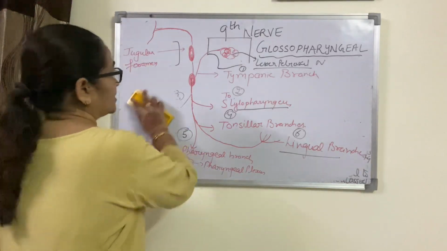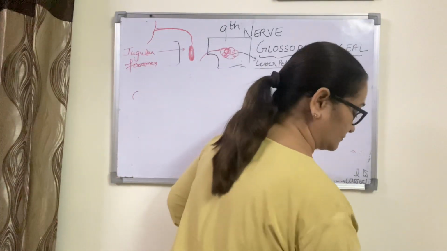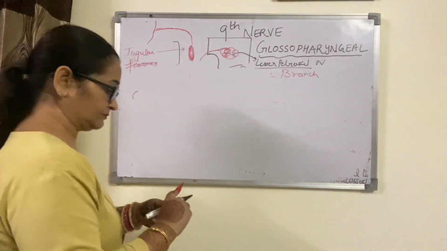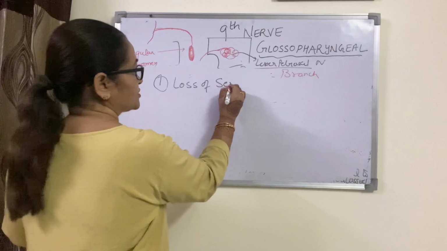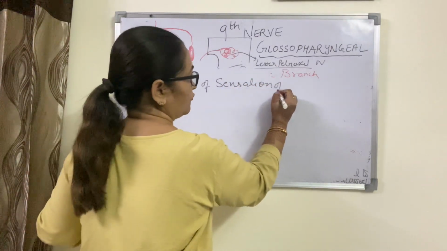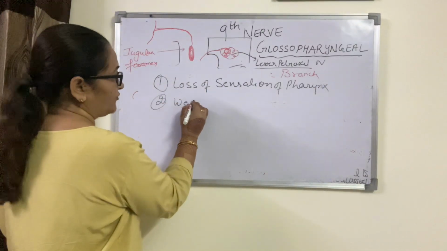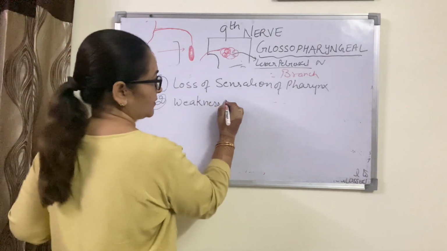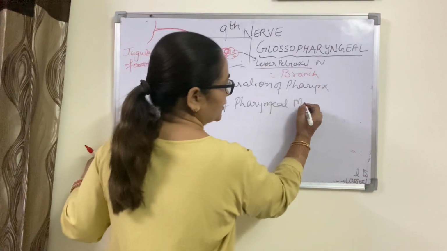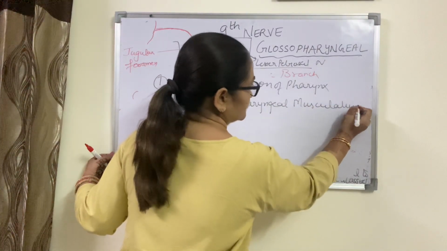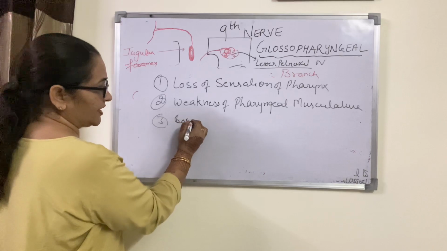If you want, I will write also the different effects: loss of sensation of pharynx, then weakness of the pharyngeal musculature, then because the pharyngeal plexus is involved, loss of gag reflex.